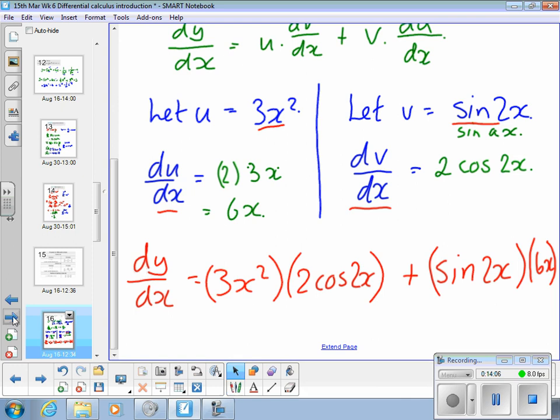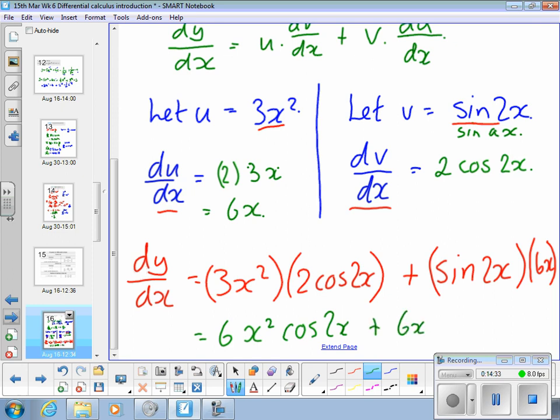And then we can do some simplification in terms of we've got two constants there multiplied by each other. So we can write it is equal to 6x squared cos 2x plus 6x sine 2x.